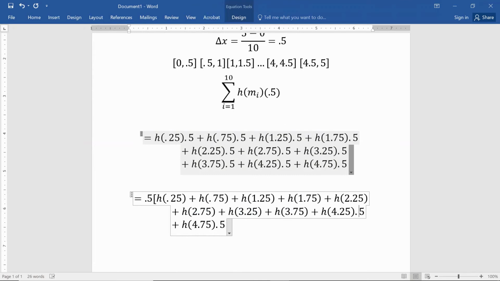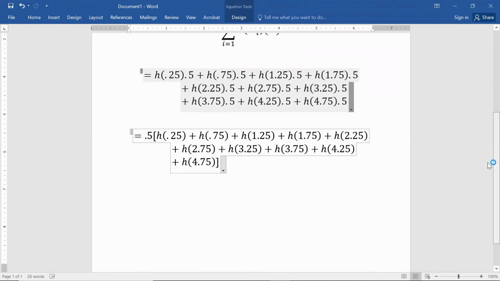There you go. At this point, I have to remember what my function is. My function h of x is x to the third.